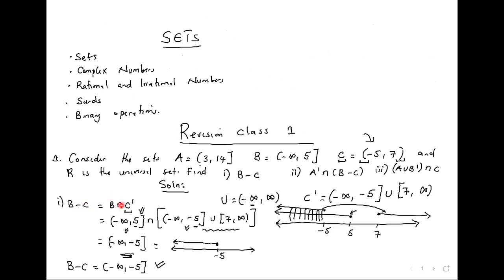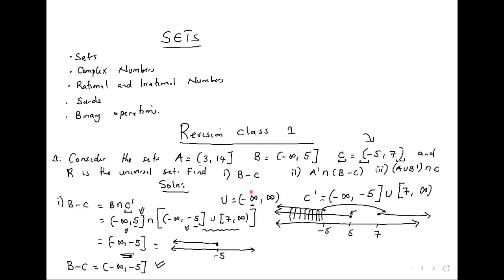Yes. So for B minus C, we first get C complement, because B minus C is the same thing as B intersection C complement. So you first go for C complement. Now, how do you get C complement?